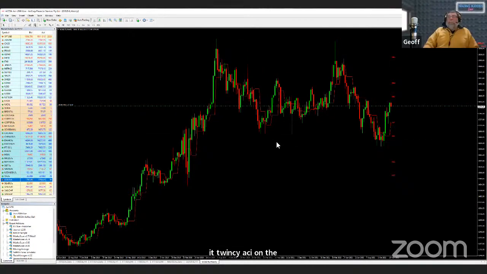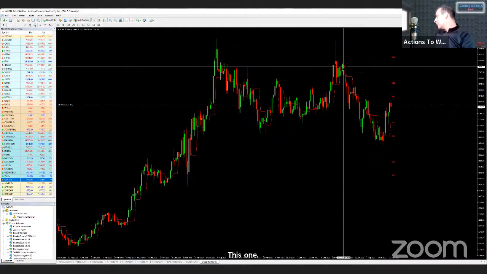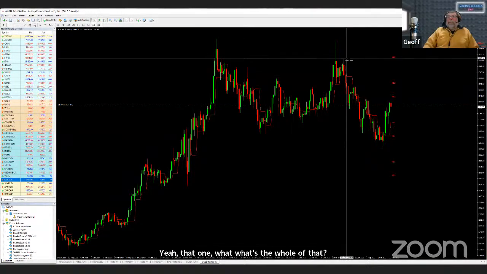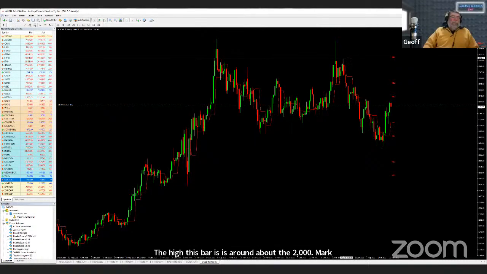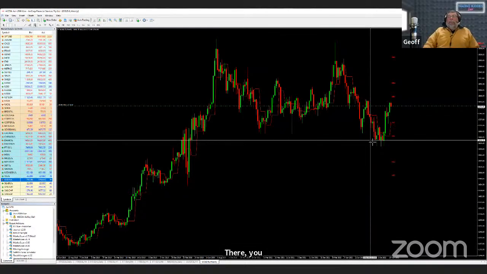What's that first lower high, that big reversal bar there, this double top? The high of this bar is around the 2000 mark. There you go, 2000. If 1800 breaks, it's going to 2000.